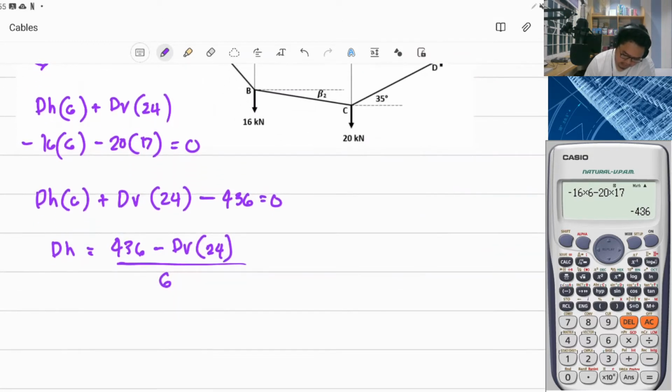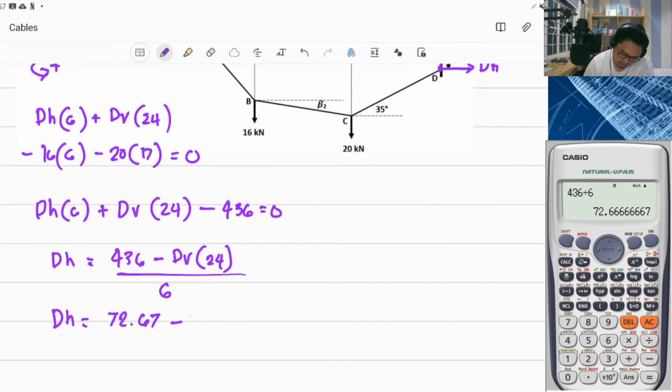So DH is equal to 436 divided by 6, which is 72.67, minus 4 DV. This is our equation 1.